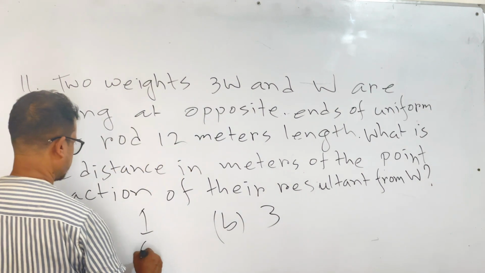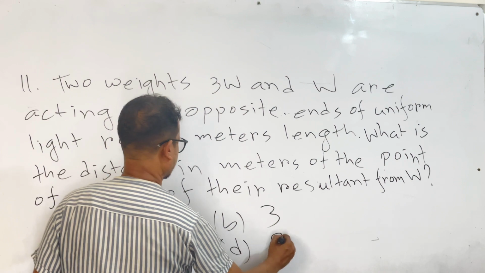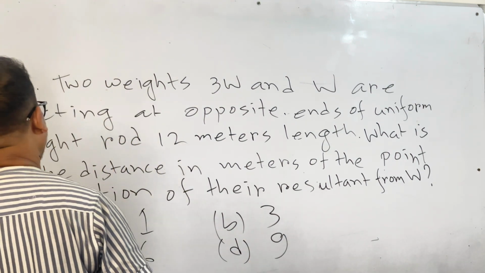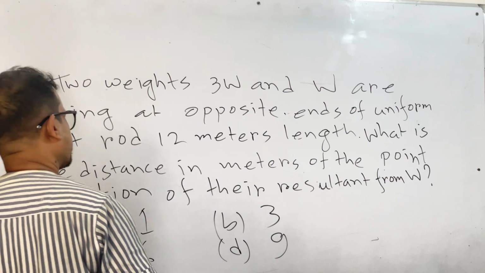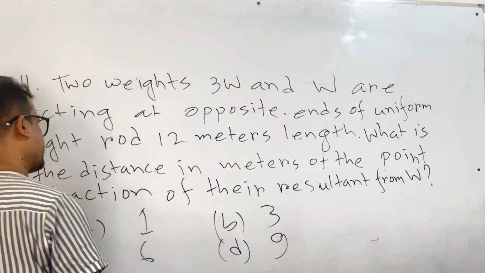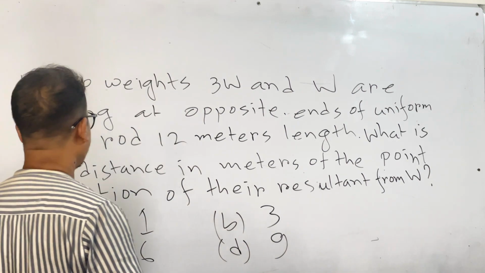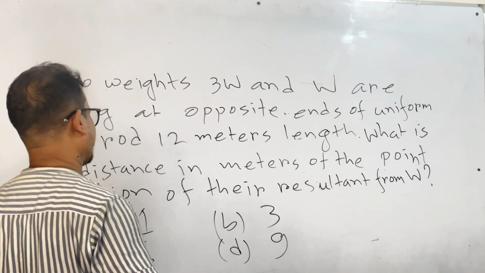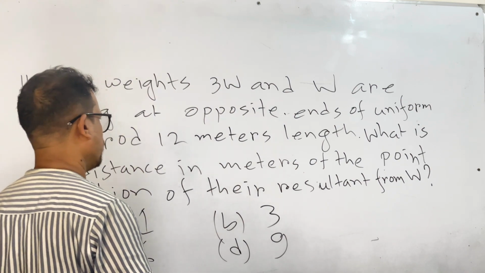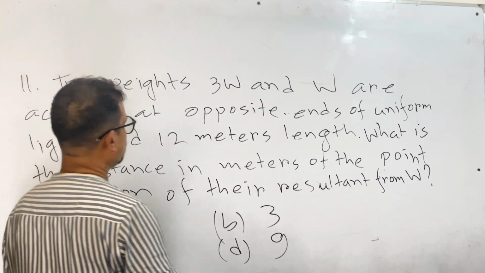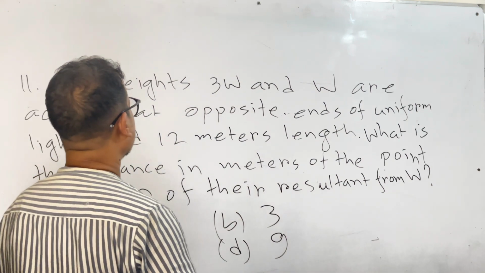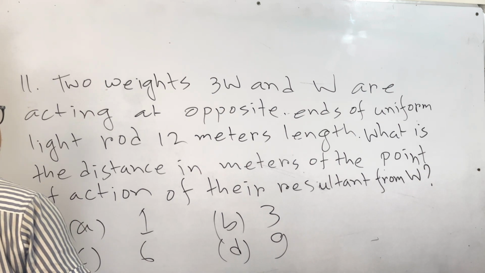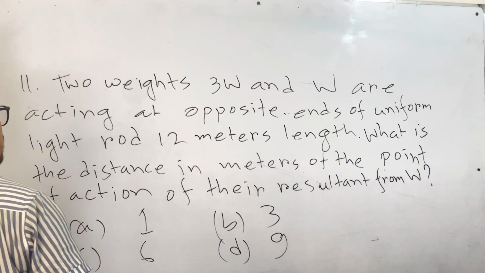Again, sir, two weights, thrice W and W, are acting at opposite ends of a uniform light rod 12 meters length.